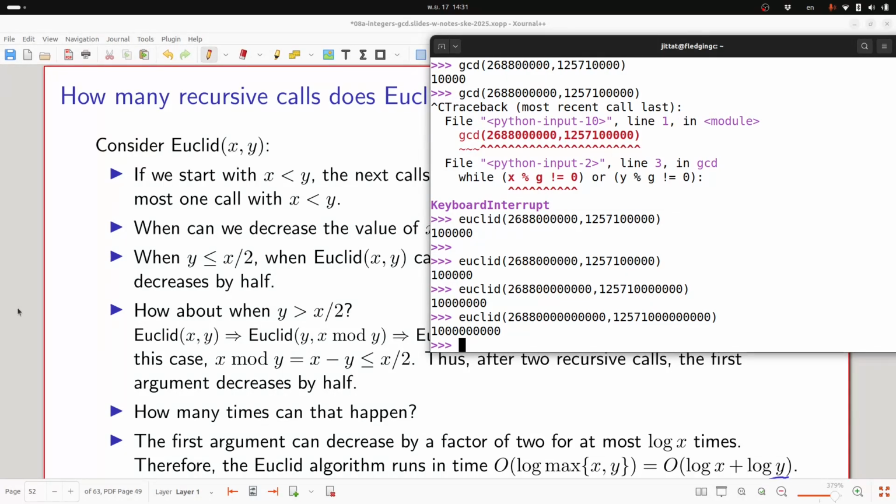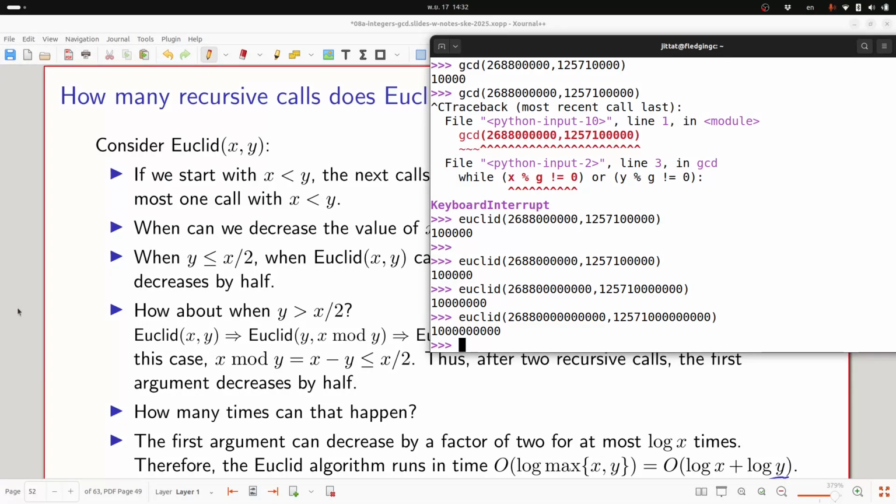So how many digits do we have? This is like 20 or maybe at most 30 digits, right? So you make at most like 100 divisions, which on a machine takes less than a second. So that's the reason why it runs really fast.